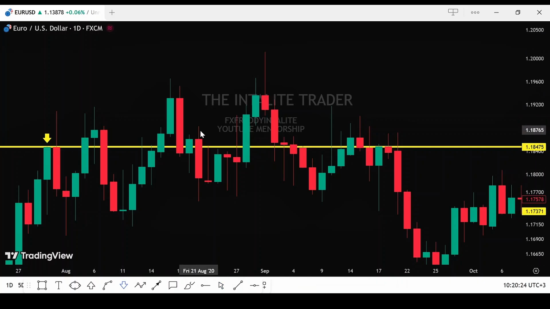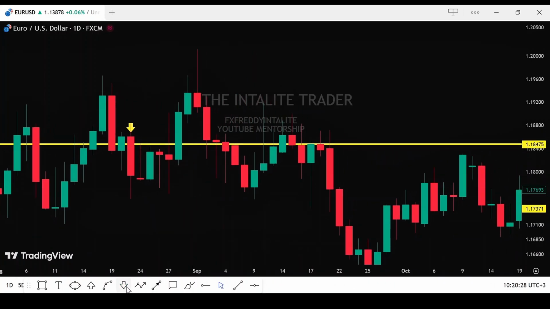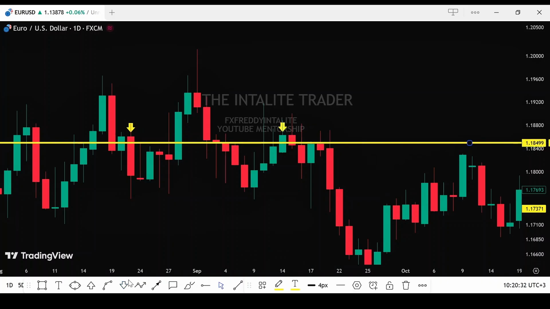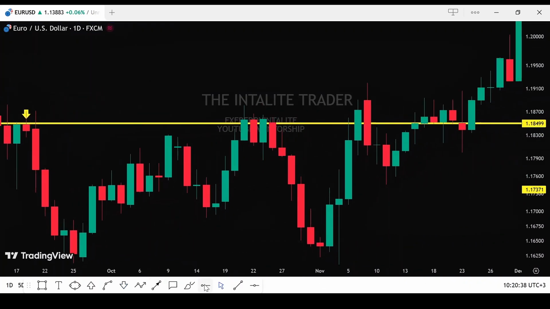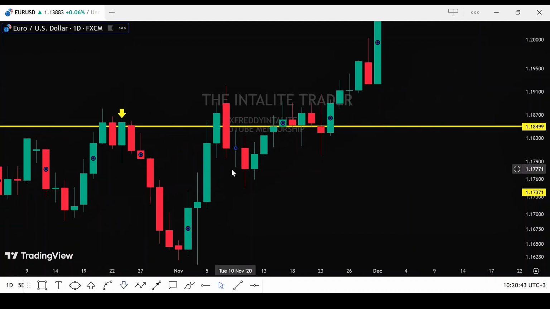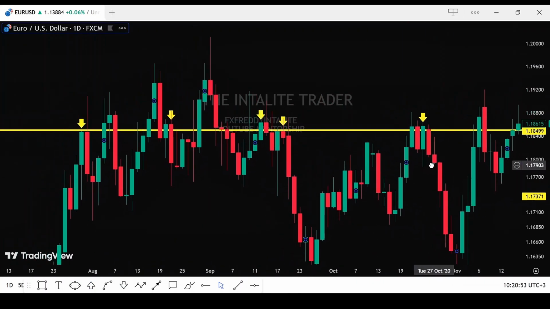It again came and respected it here. We have price respecting it here, and also price respecting it. So if you follow this line, you realize that each time price comes to the level, it is respected. So that is one line drawn.